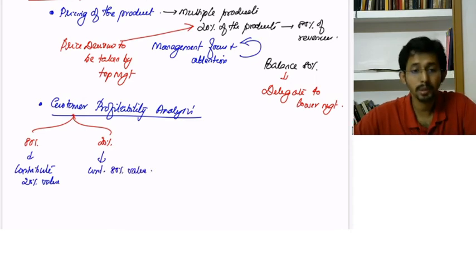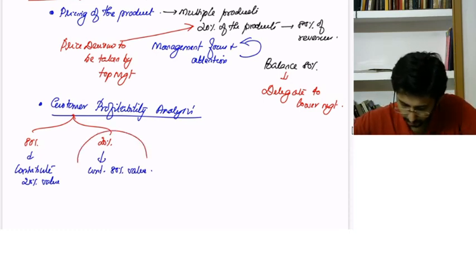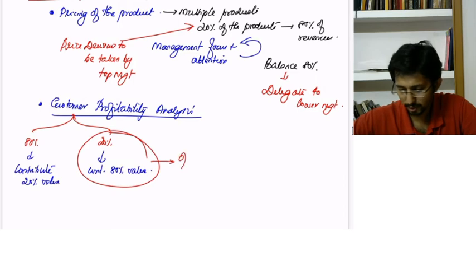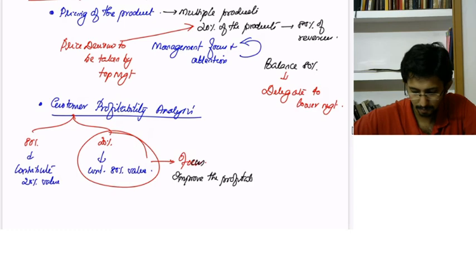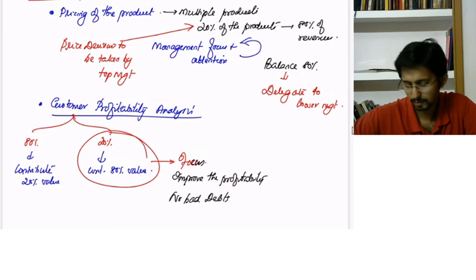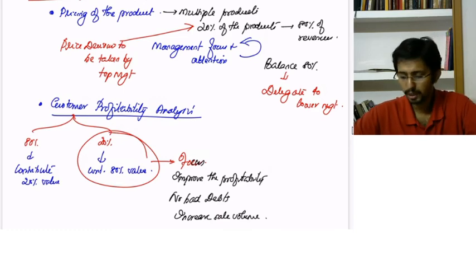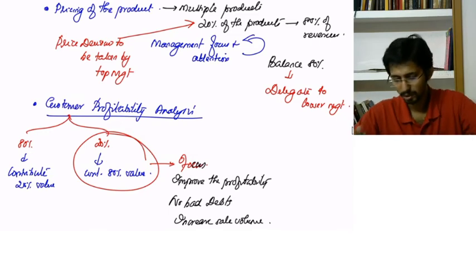So the profitability needs to be measured only for this 20%. Focus and improve the profitability. Okay, no bad debts. Then increase sales. Whatever you want, you can do with respect to this 20% of the customers, which will increase your profitability.